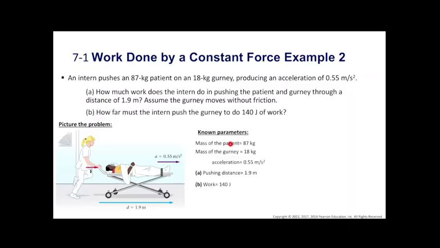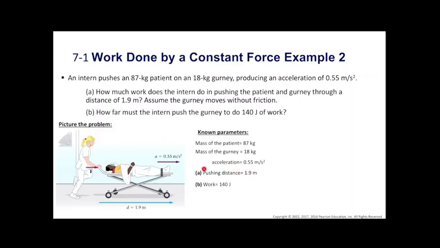Now in this question we are given more parameters. First we are given the mass of the patient and the mass of the gurney and the acceleration. In the first part we are asked to find the work done, but we are given the pushing distance. But in this case we are not given the magnitude of the force F directly.